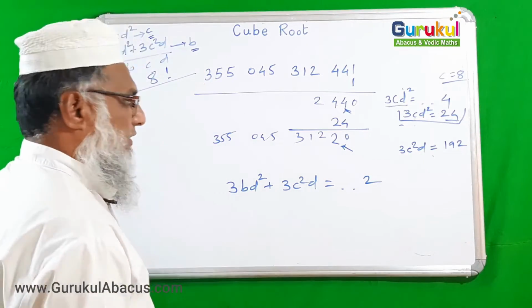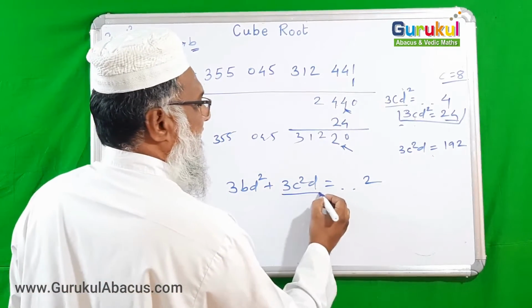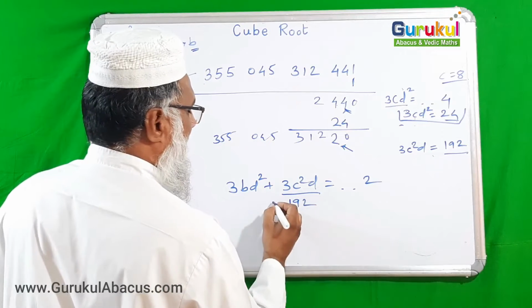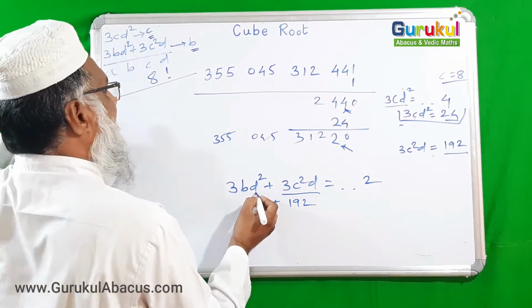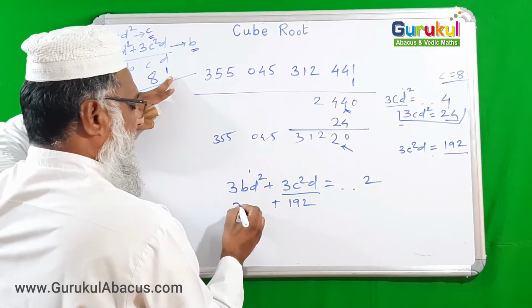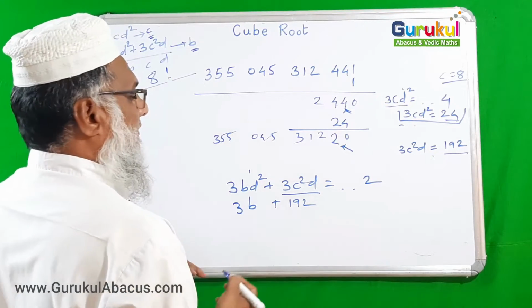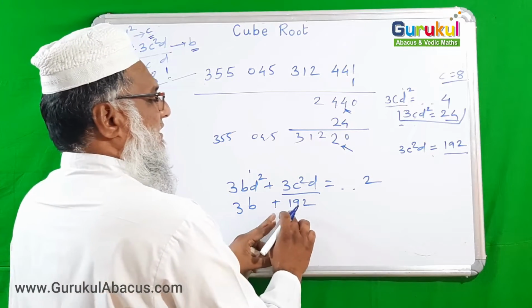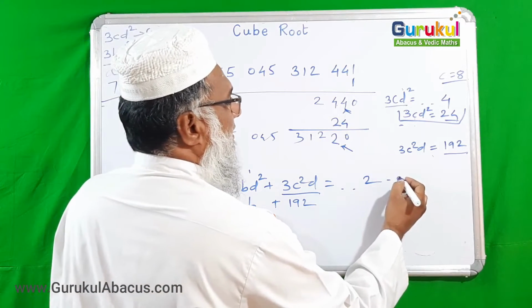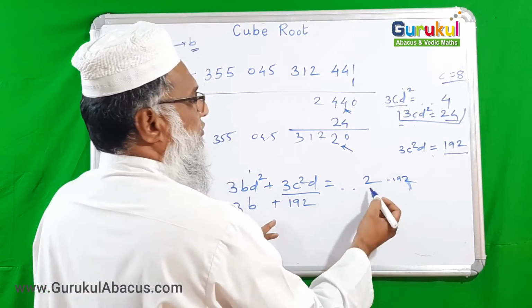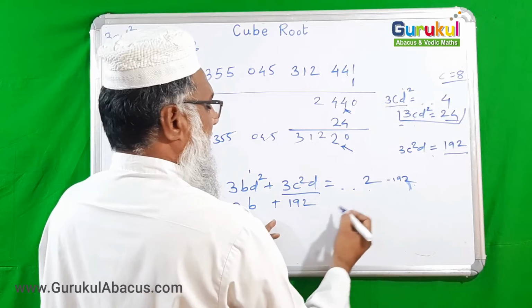Okay, now 3C square D's value we have just found, that we are adding here, 192, and D square's value is 1 itself. So 1 into 3, 3B. Now just keep this 192 here plus. If I am taking it there, then those would be minus, subtracted from it. So 2 minus 2.